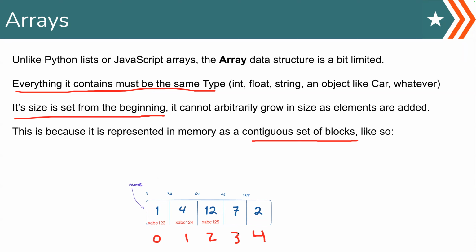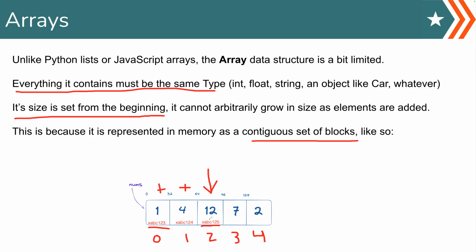And so when we say, hey, get me the second index in the array, the computer just has to be cool. All right, the array starts at XABC 1, 2, 3. Each block is 32 bytes long. So I'm just going to do some simple arithmetic to get the memory address. XABC, right? 1, 2, 3, 1, 2, 4, 1, 2, 5.